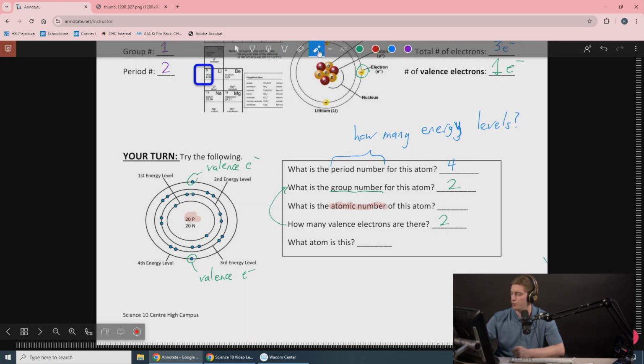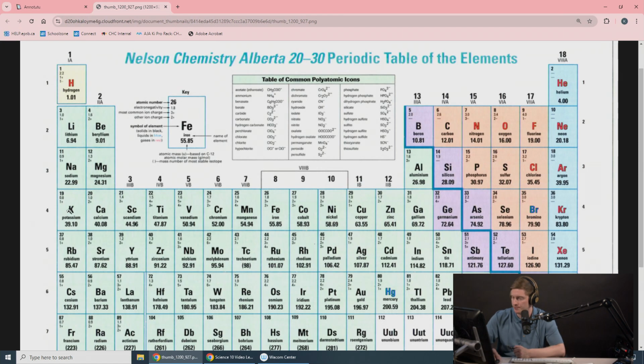If we've got 20 protons, we know that our atomic number is 20. We could have gone to the periodic table and found atomic number 20, figured out that was calcium. We can see it's in period 4 and in group 2. So we could have answered the questions by going about it that way.